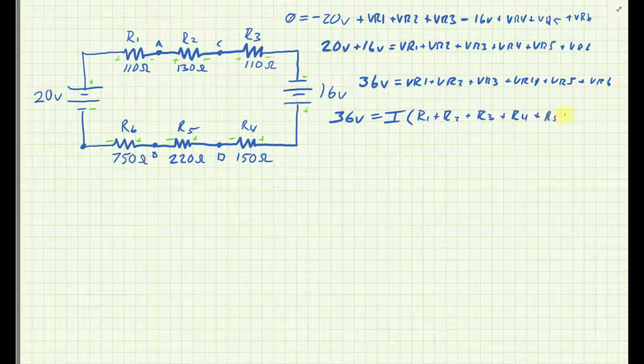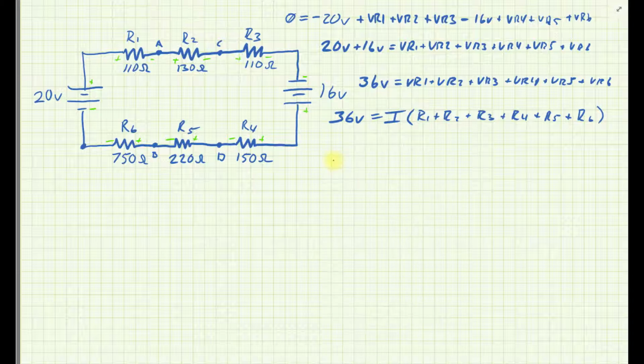Alright, so there's all my resistors. Whoops, that's going to be a 6, so let's fix that so it's more clear. Okay, so I've got 6 resistors, and ultimately what I'm solving for is current, just this outer current, this intermediate step of whatever the current in this series configuration would be.